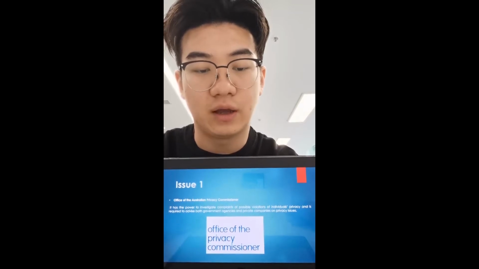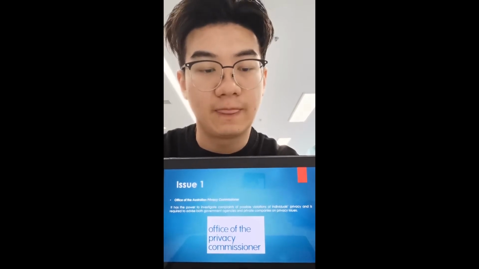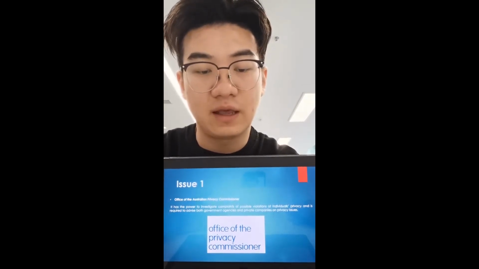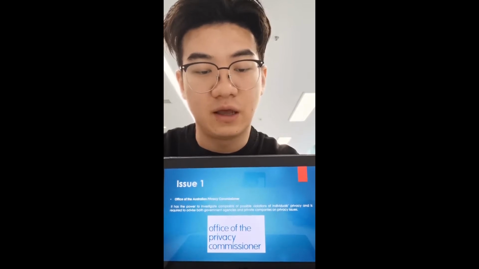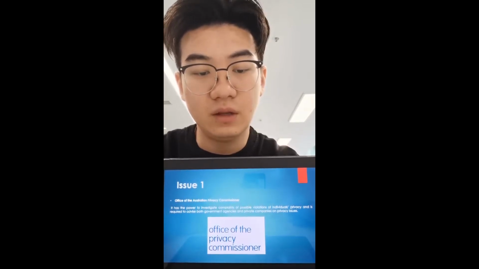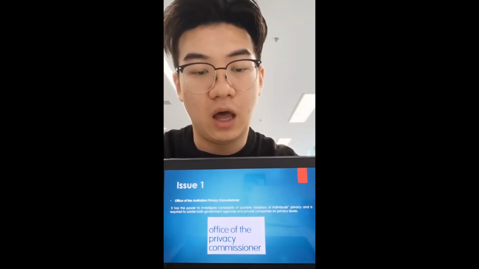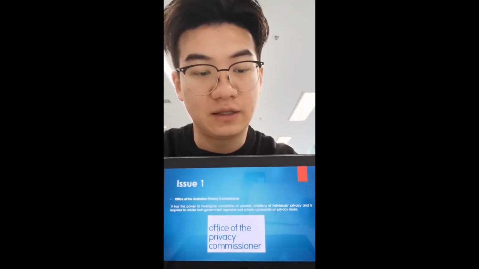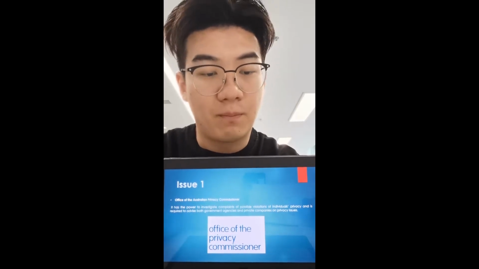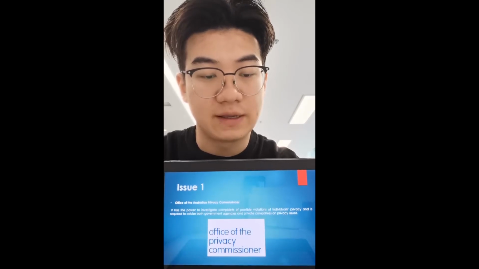It should be noted that the office has the power to investigate complaints of possible invasions of individuals' privacy, and to advise both government and agencies on personal privacy issues.